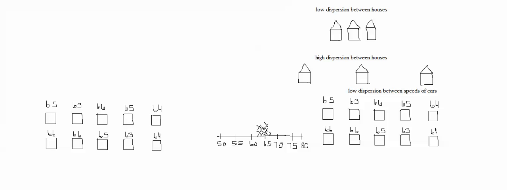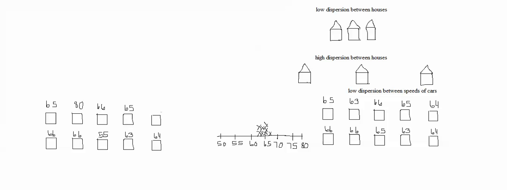What if instead of these speeds, what if we had one car going 80 and another car going maybe 55. And maybe we have some other cars going at some other speeds.